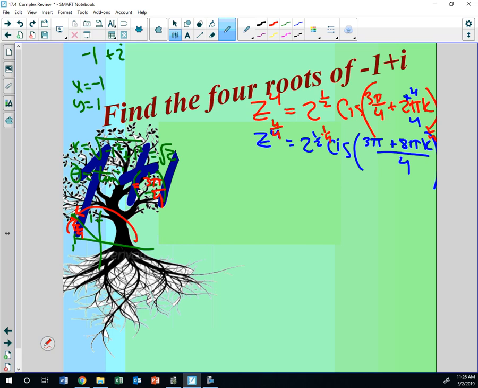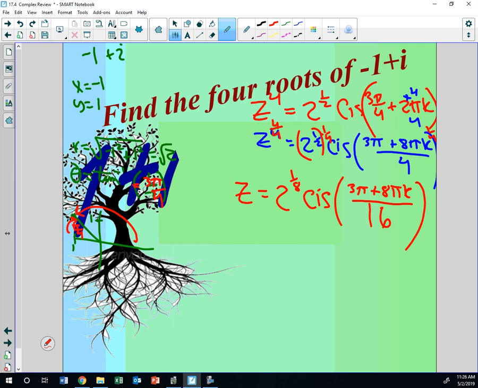And so this will be z to the 1st equal 2 to the 1/2 times 1/4 is 1/8. That's what you do with exponents. If this is to the 1/4 power, you take a half times a 4th. And then it'll be cis 3 pi plus 8 pi k. And 1/4 times 1/4 will have what denominator down here? 16th, yeah. There you go.